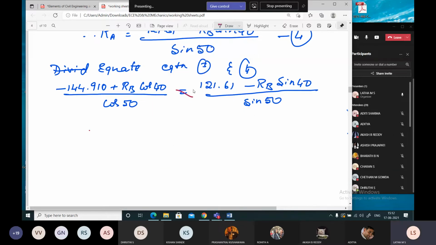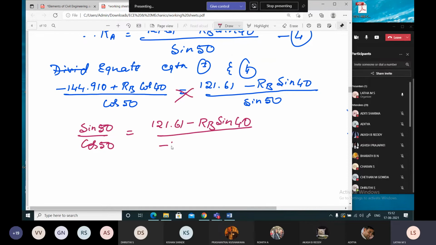I can cross multiply this. I'll get sin 50 divided by cos 50 equals 121.61 minus RB sin 40, divided by minus 144.910 plus RB cos 40.